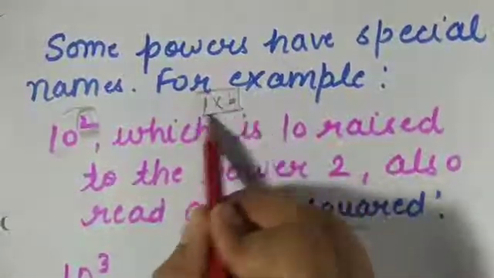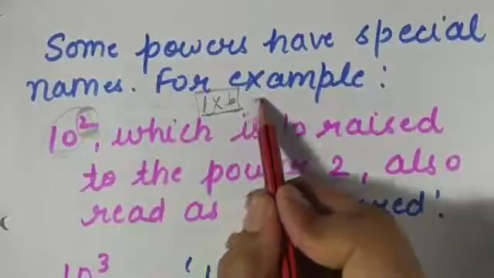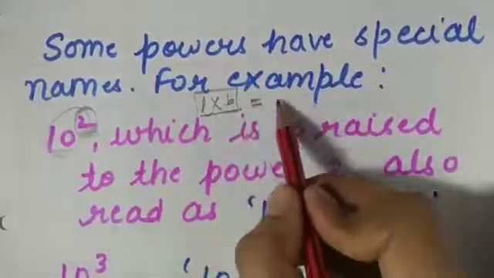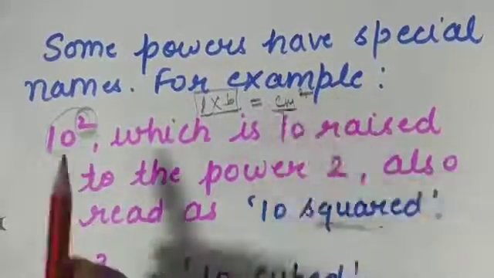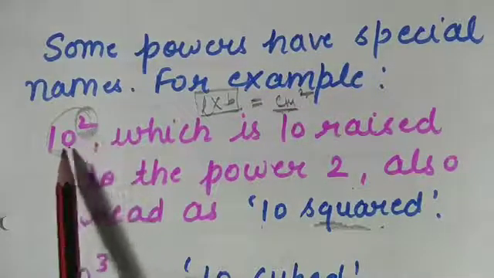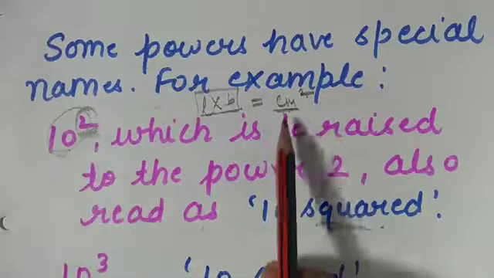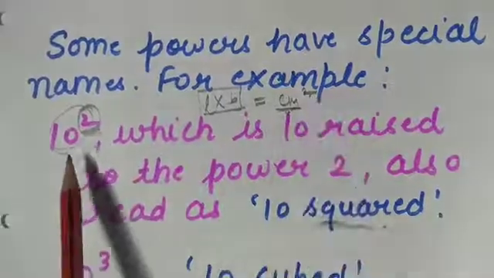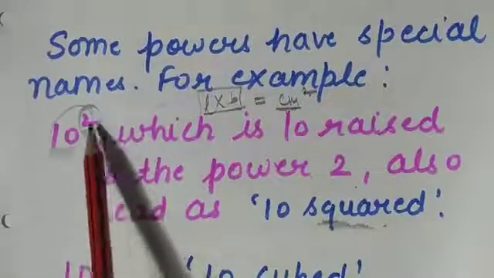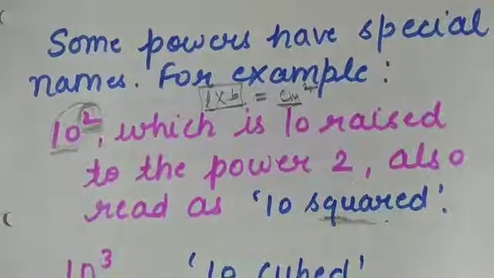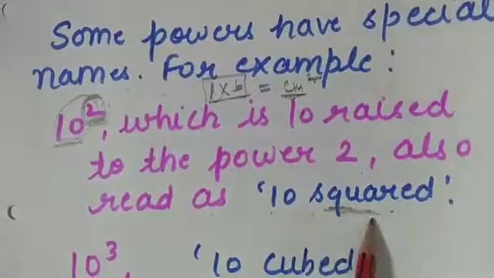Its unit of area is centimeter square, or you can read it as square centimeter. So same here, you can read it as 10 square. So the number having power 2 has the special name 10 square.